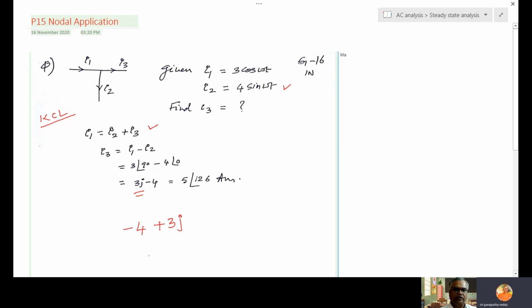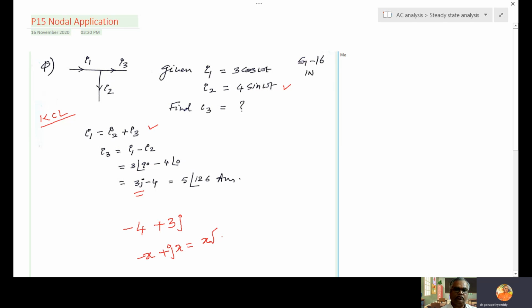I told you earlier in the rules, minus x plus jx is nothing but what? x root 2, since the magnitude is root of x square plus x square, 2x square.